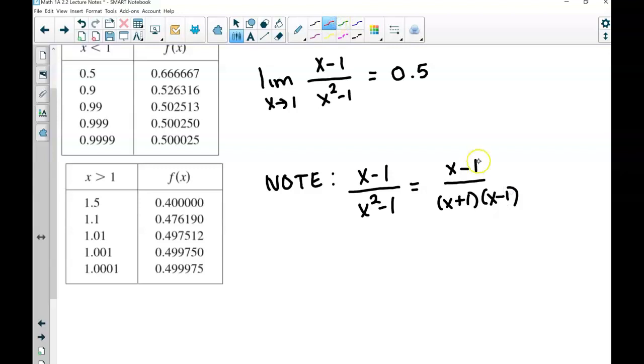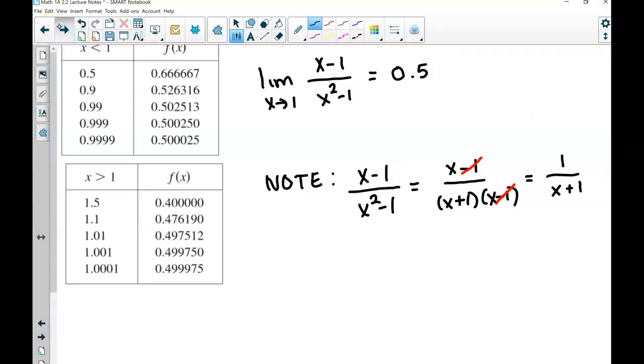If we simplify the x minus 1, what we end up with is 1 over x plus 1. Again, we're looking for the limit as x approaches 1. If we plug in the value of 1 here, we get 1 over 1 plus 1, which becomes 1/2, which equals 0.5. But again, that's something we'll be looking at later on.